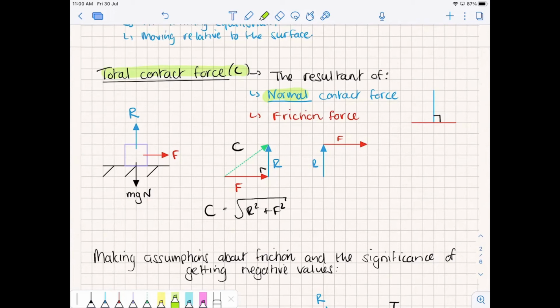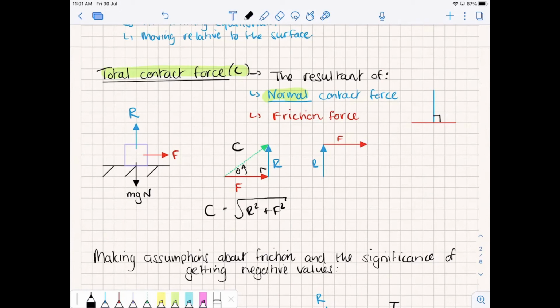So if I leave my triangle the way it is, this angle inside here, which we can call theta for now, is not going to give me what I want if I take the tan. Remember, tan is opposite over adjacent. So the tan inverse of that would not give me the angle in relation to the normal contact force. It would give me the angle in relation to the friction force.